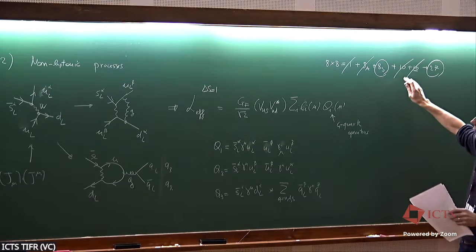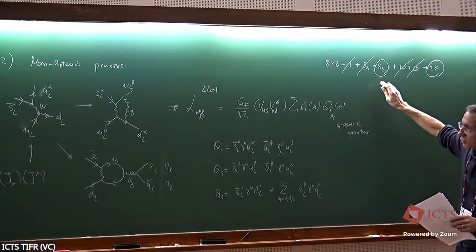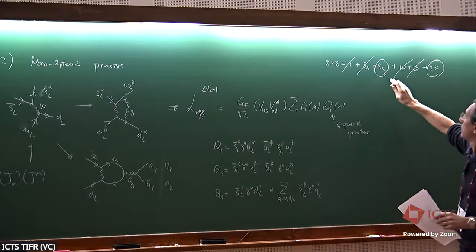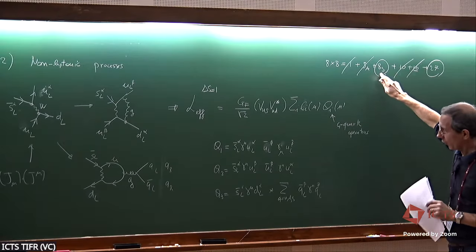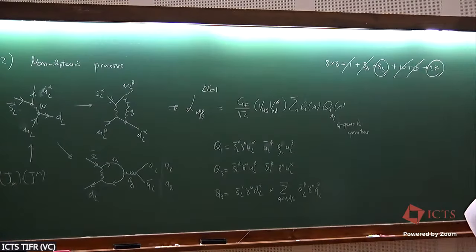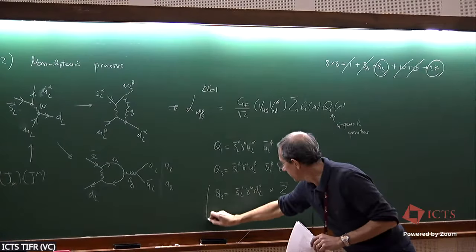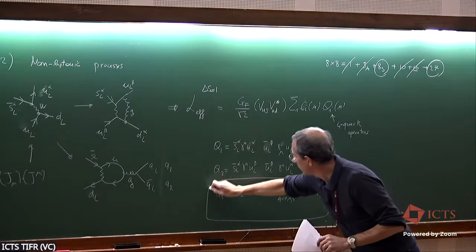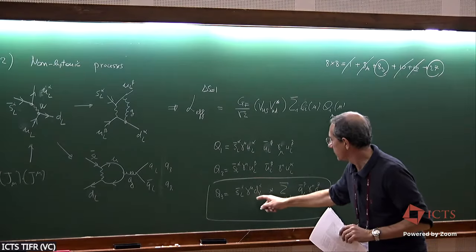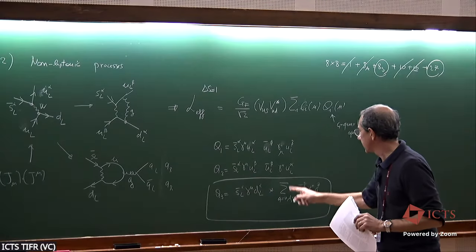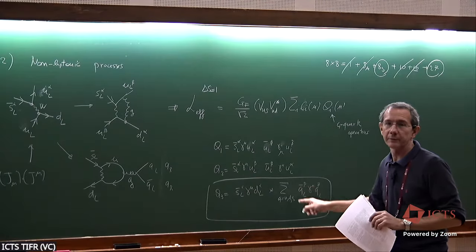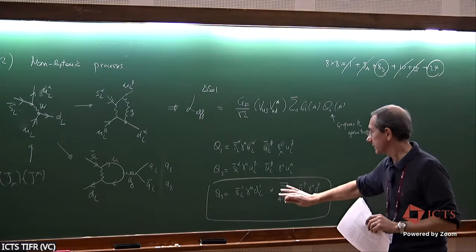So we need to find a representation. For instance, what is the octet here? All these terms here are clearly octets. You see they have a non-trivial SU(3) structure. And this is completely singlet from the point of view of SU(3), because I sum over all the quarks. So this is a singlet.